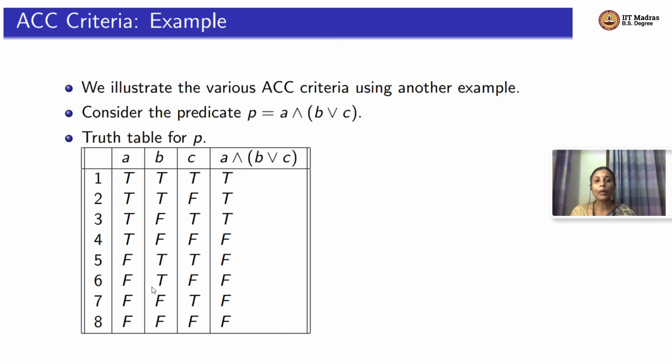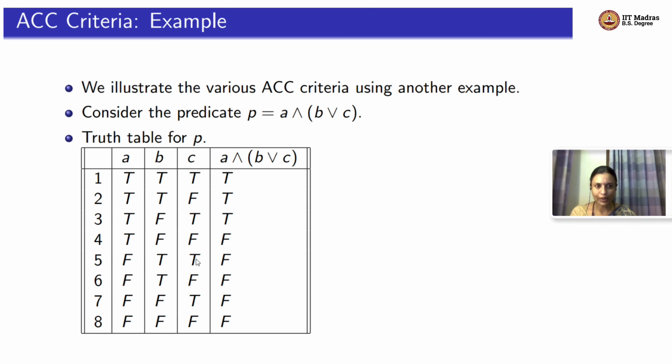But restricted active clause coverage says the minor clauses take the same value. So suppose I choose row 1 for A being true, then I have to choose row 5 for A being false for restricted ACC. Why? Because row 1 and row 5 make sure that A is true and A is false as the major clause, and minor clauses B and C take the same value in both the cases. Both are true.